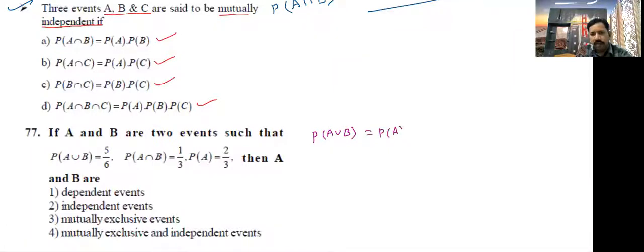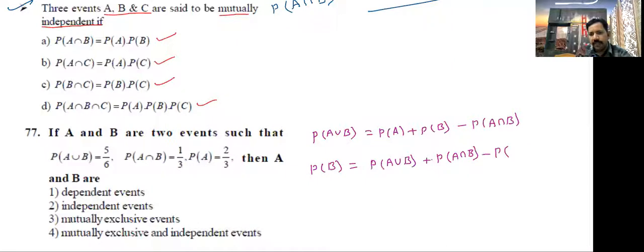P of A plus P of B minus P of A intersection B. So we need P of B. Now P of B is P of A union B plus P of A intersection B minus P of A. What is P of A union B? 5 by 6.